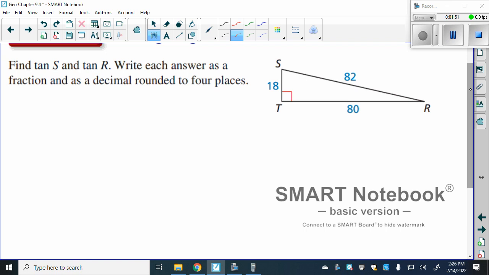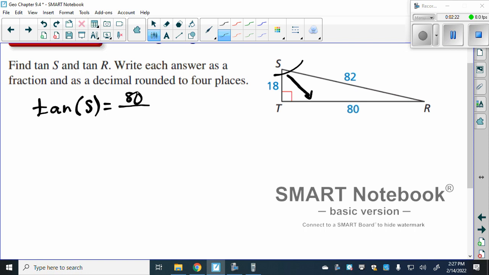The first one we'll find is tangent of angle S, which would be the angle up here. The side opposite this angle, the farthest away from it, would be the 80. The opposite side length is always the one that does not make up that angle.